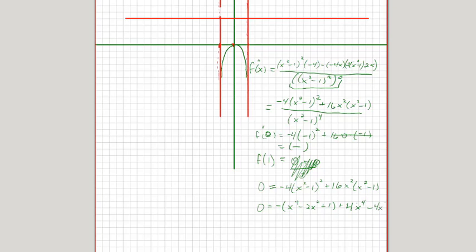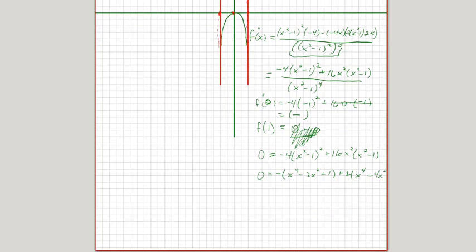Minus 4x squared. So simplifying this gets me 3x to the 4th minus 2x squared minus 1. And that, if we're lucky, is going to factor. So that factors into 3x squared plus 1 times x squared minus 1.